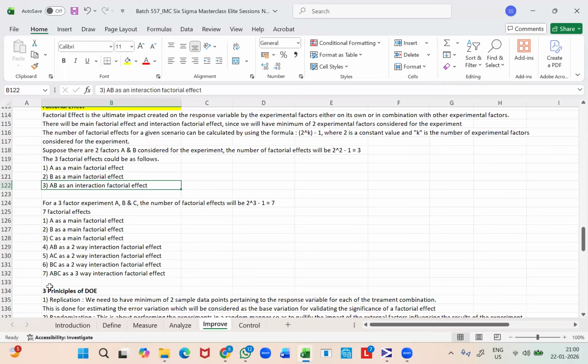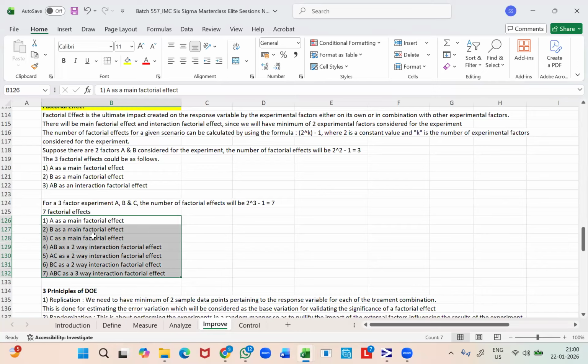So if you have only two factors, then at maximum we will have only a two-way interaction. But when we have three factors, at maximum we will have a three-way interaction factorial effect. So we would be validating all these seven factorial effects when we analyze the data, right? As part of this, we will frame seven pairs of hypothesis statements to begin with.